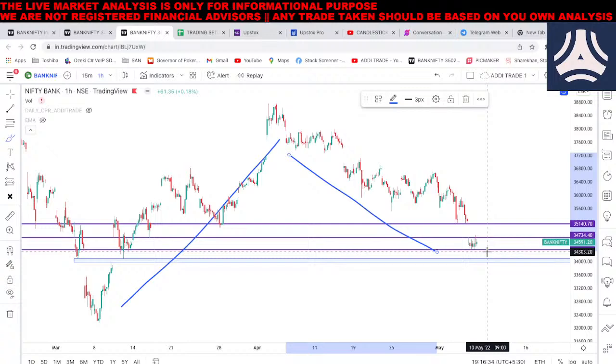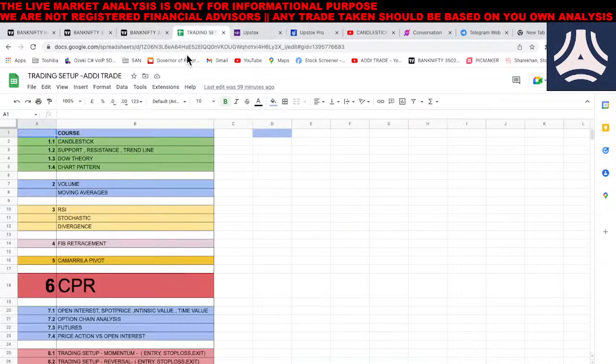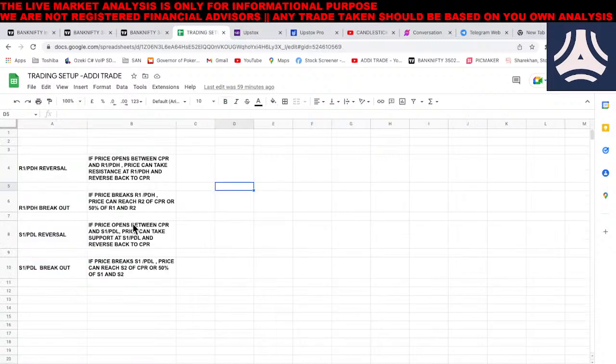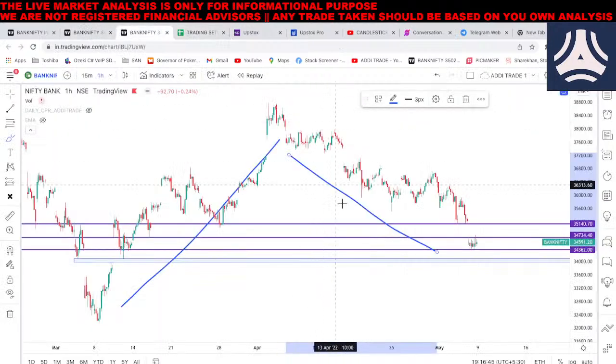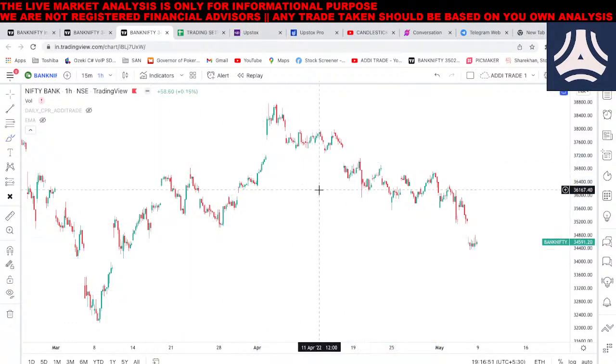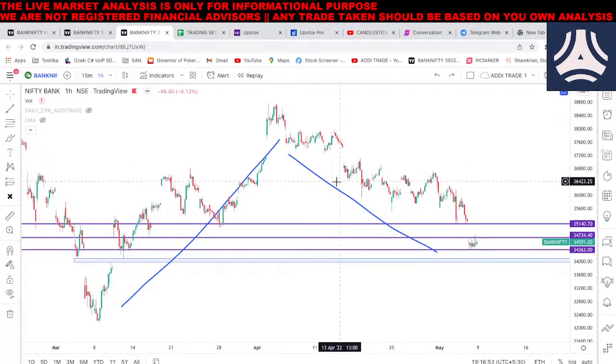In a downtrend, if we get any one of these setups, that is a reversal setup or a breakout on the downside, it is more convincing to take a trade. So always the overall perspective of the market should be there along with our trading and CPR and stuff.